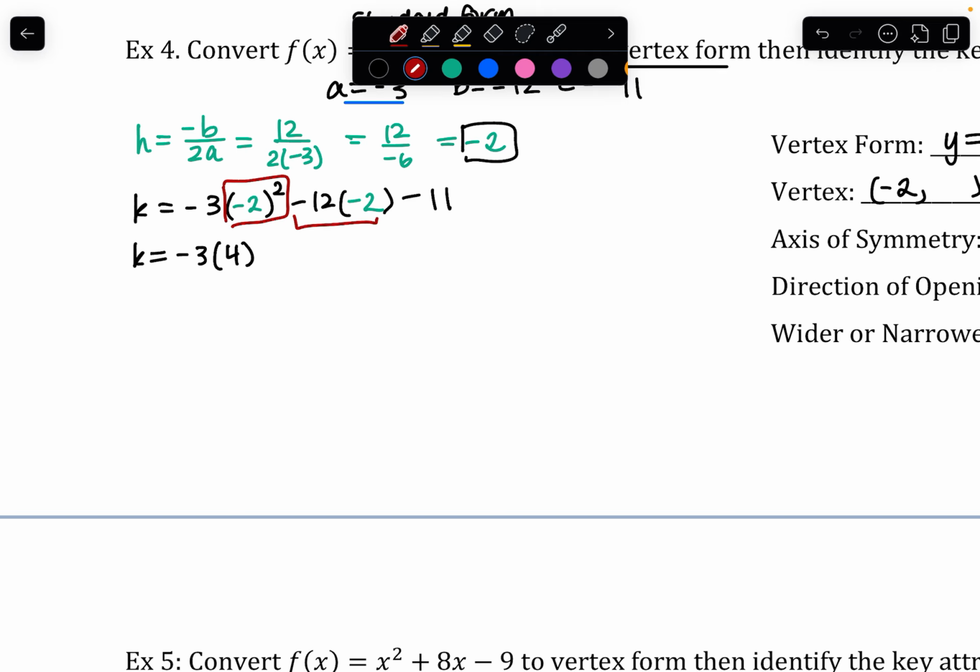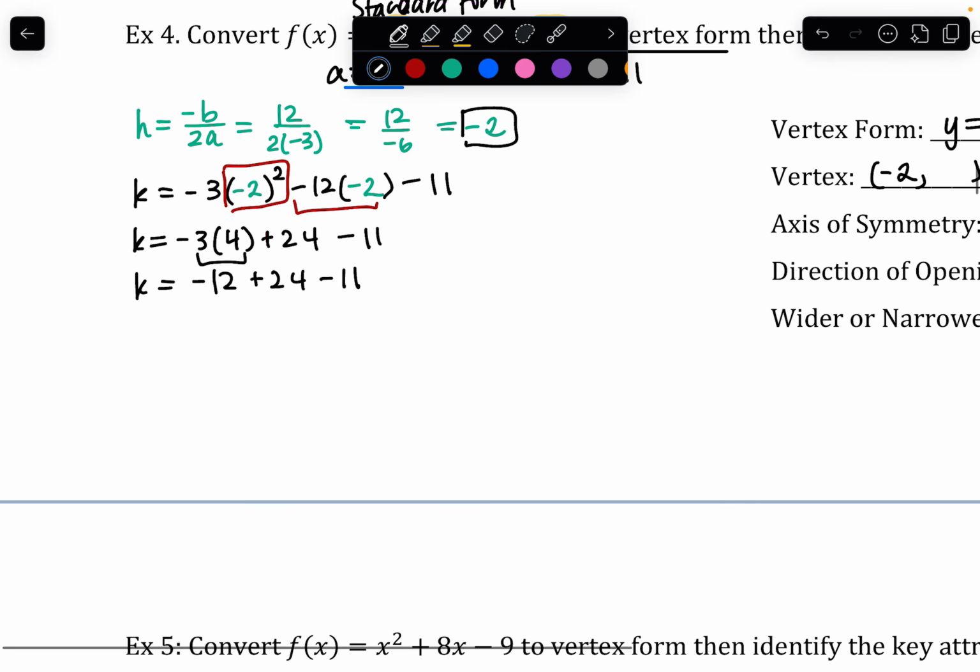Negative 12 times negative 2 would be positive 24. Minus 11. Okay, and so that gives me negative 12 when I multiply, plus 24 minus 11.